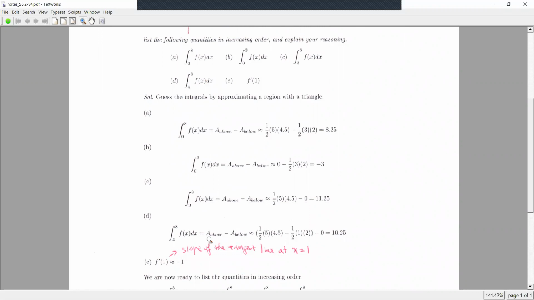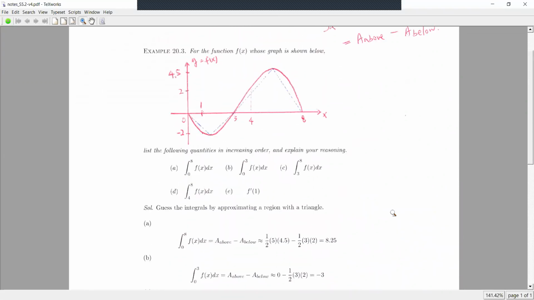Now, how to find the area above the x-axis? The area above the x-axis is the area between 4 and 8. Then how to get this area?